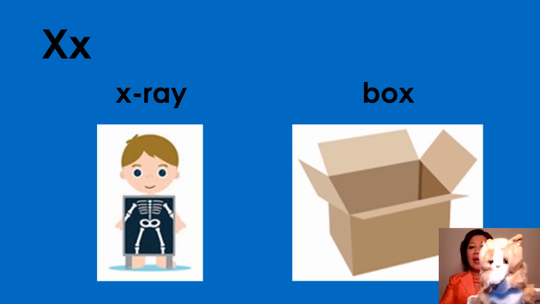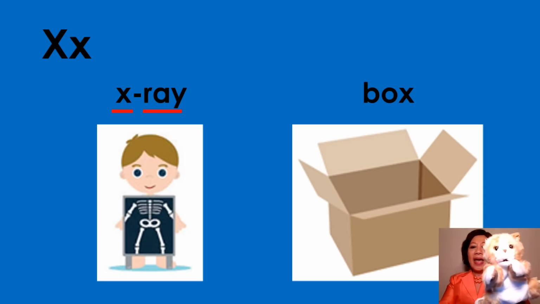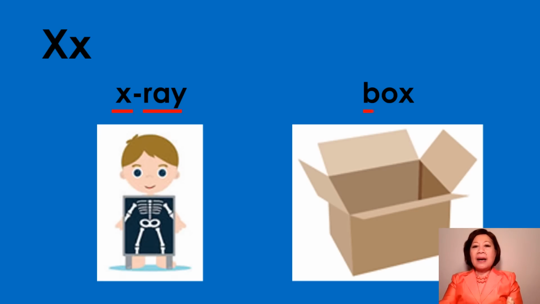X. X says X as in X-ray. An X-ray imaging creates pictures of the inside of your body. X. X says X as in box. A box is used as a strong place for storage, for files, for tools and other things.